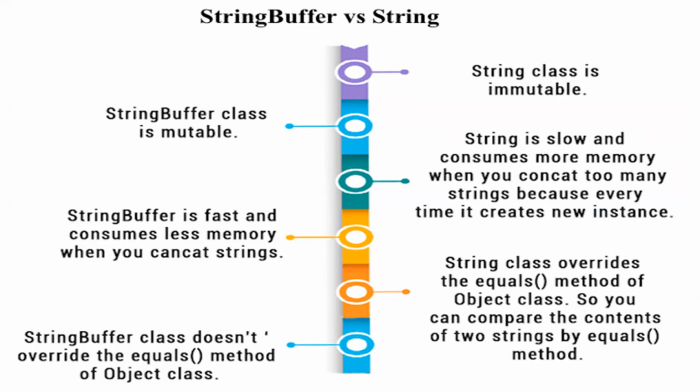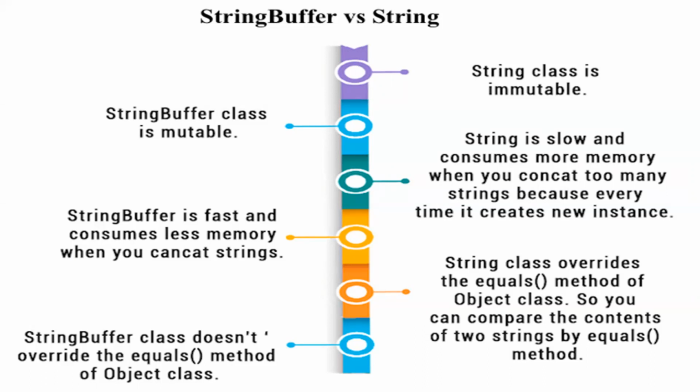String is slow and consumes more memory. During the processing of strings, if I create a string by using the string class, it is very slow and consumes more memory when you concatenate too many strings, because every time it creates a new instance.